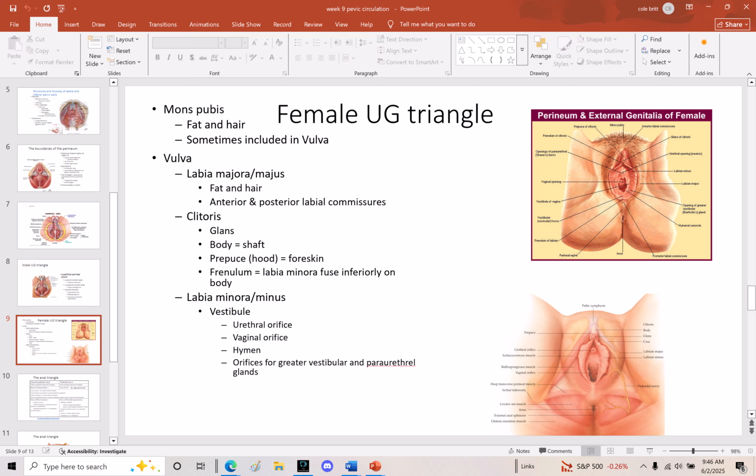Then you have a glans, very end of prepuce. So ladies do have foreskin covering the clitoris to help it be protected from rubbing, especially penis or something like that. And then we have the vestibule, this whole area right here. Urethral orifice up here. Vaginal orifice down there.